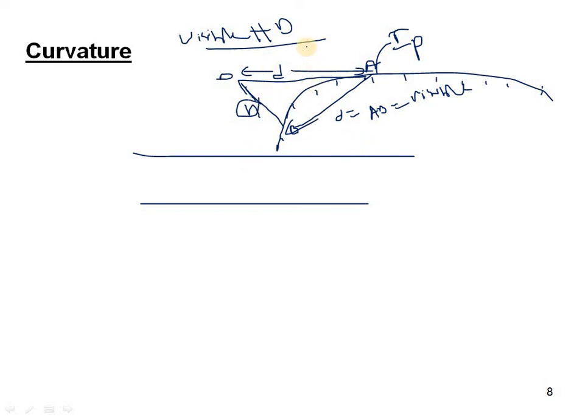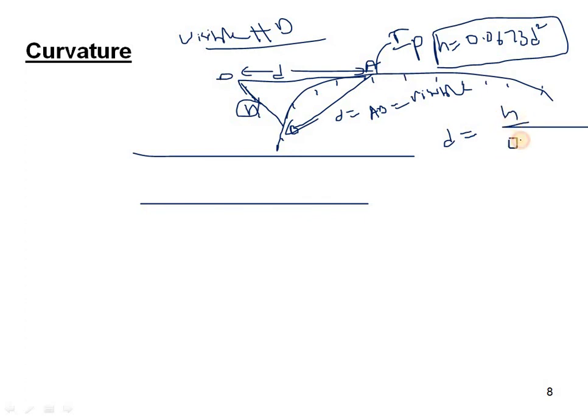For determining h we will write h is equal to 0.0673 d square. In this way, small d is equal to the square root of h by 0.0673.